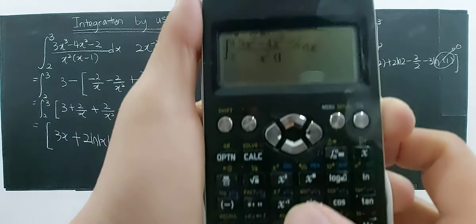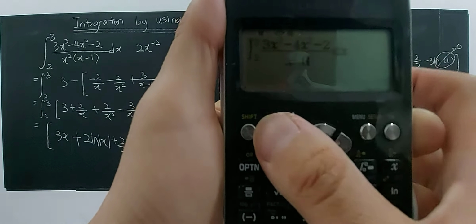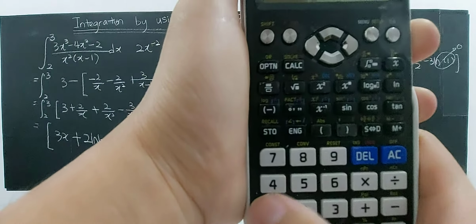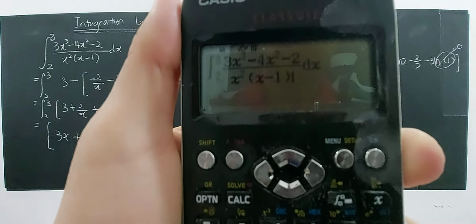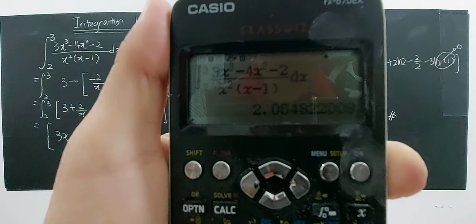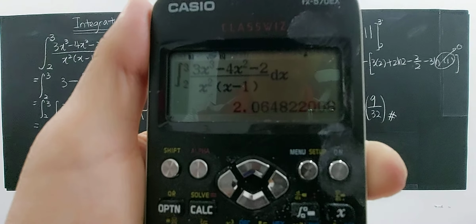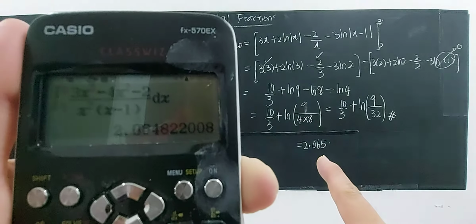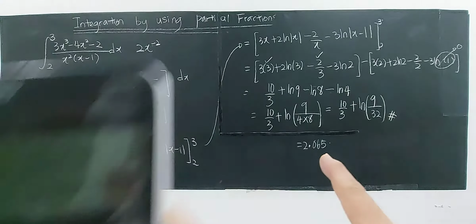In the bracket you have x minus 1. So then you're getting this, right? You press equal, then you get 2.064822008. If you round off, you're getting 2.065.